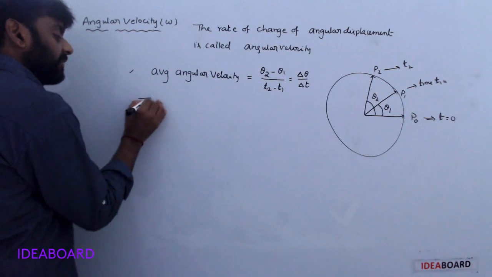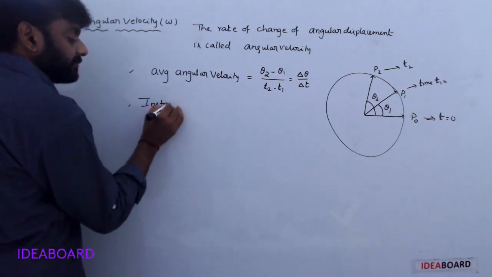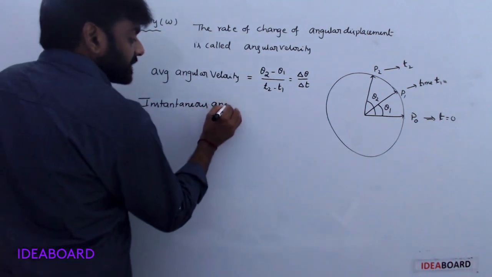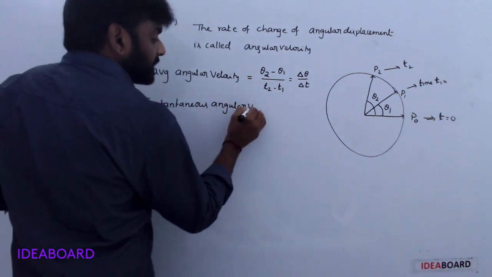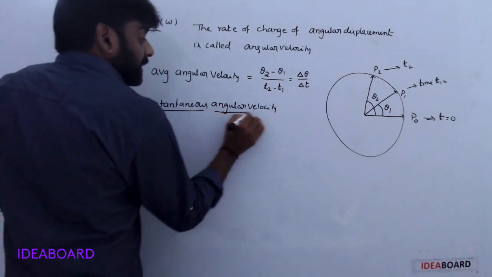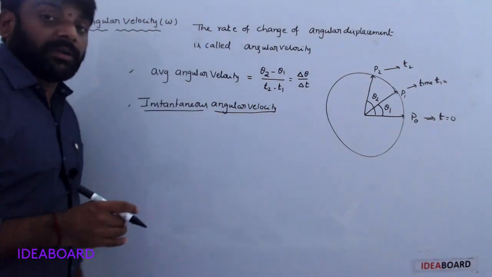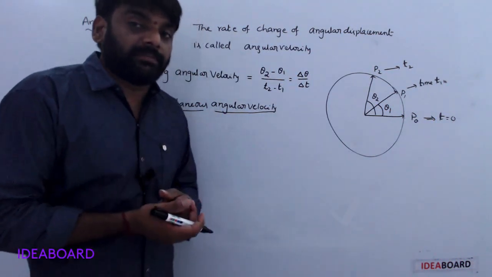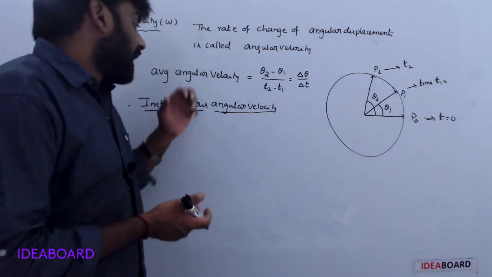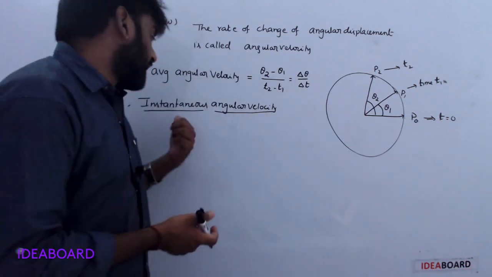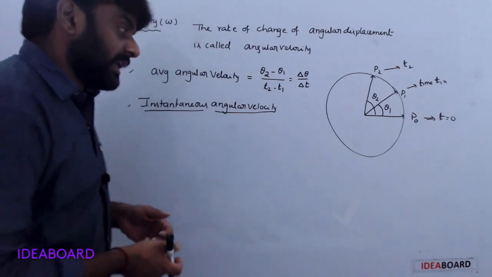Instantaneous angular velocity. What is instantaneous angular velocity? The angular velocity of a particle at a particular instant of time is called instantaneous angular velocity.